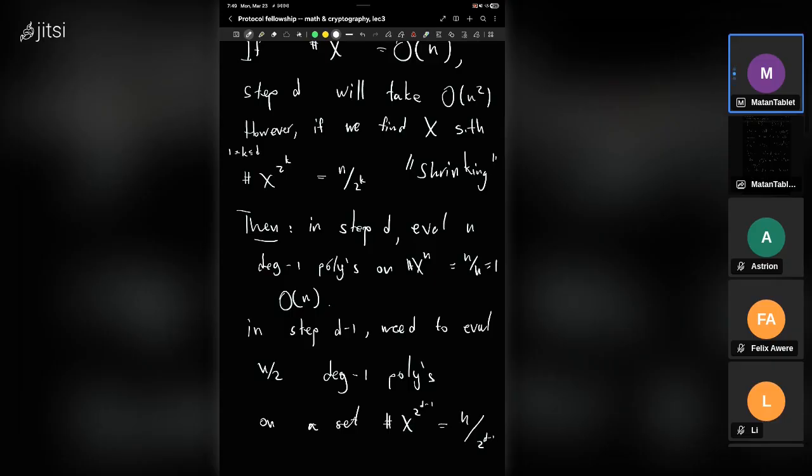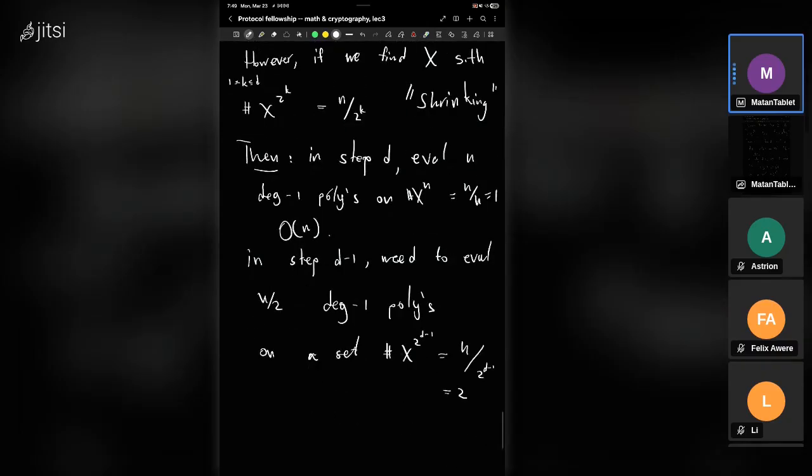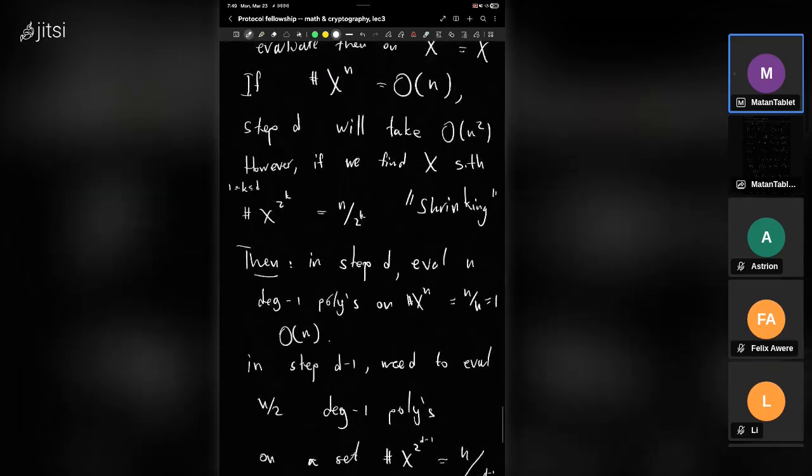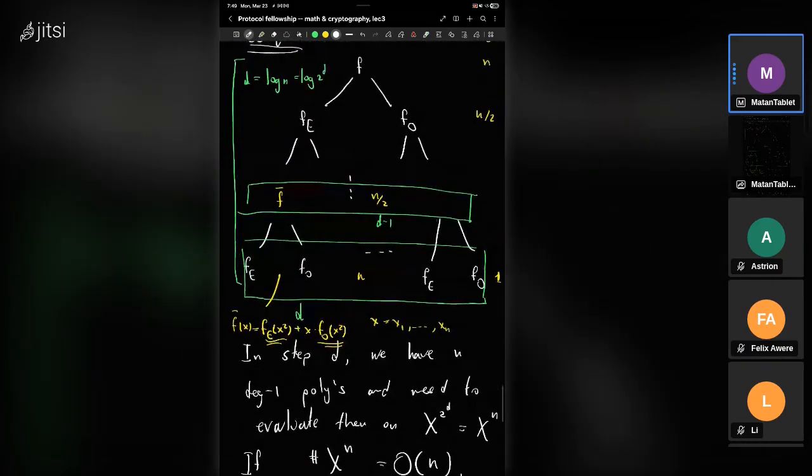This is equal to 2. So I have n over 2 degree 1 polynomials. I need to evaluate them on a set of size 2. The complexity is n over 2 times 2, which is O of n. And so on. For any step, I will have complexity O of n.